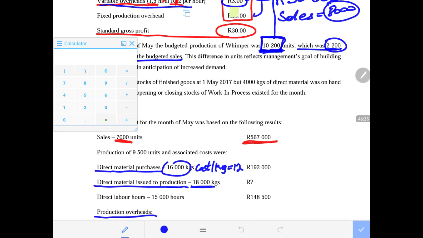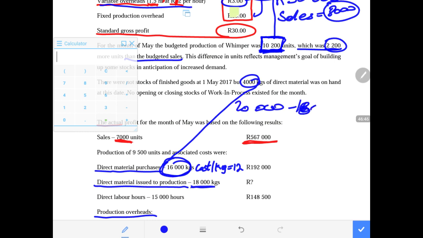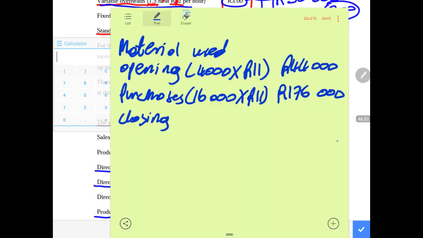If you remember, 20,000 minus 18,000, because we had 16,000 that was bought and 4,000 that was available, which became 20,000, and we used 18,000 kgs. So closing will be 2,000, and the 2,000 is valued at 11 rand, which is standard.